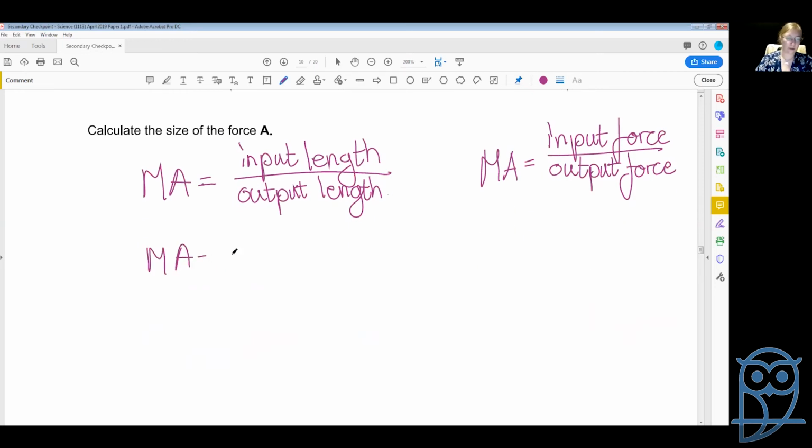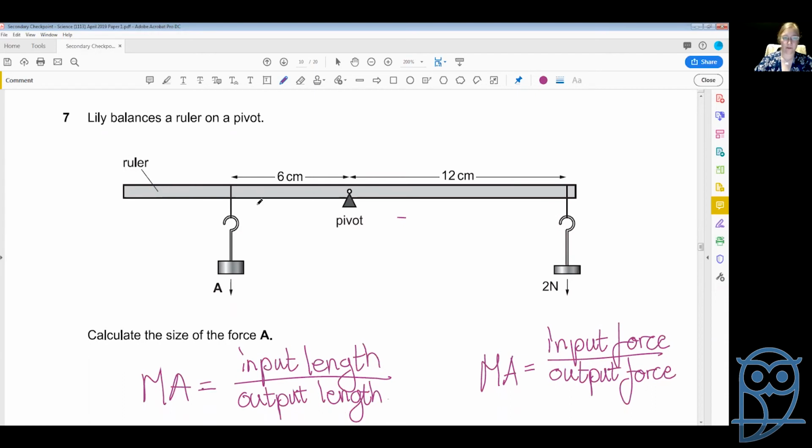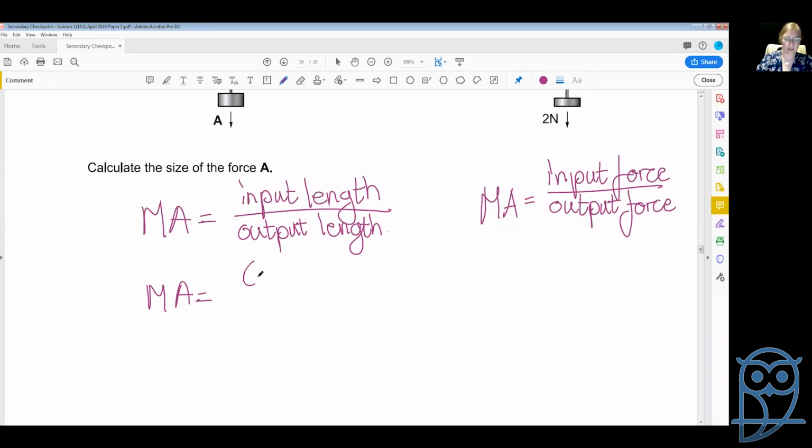So our mechanical advantage. Now we need to find our lengths. It doesn't actually matter which length we put where. If we take this as our input length, then we must just remember that this is also supposed to be our input force. So let's do that. Our input length here is 6 centimeters. And our output length is 12 centimeters.